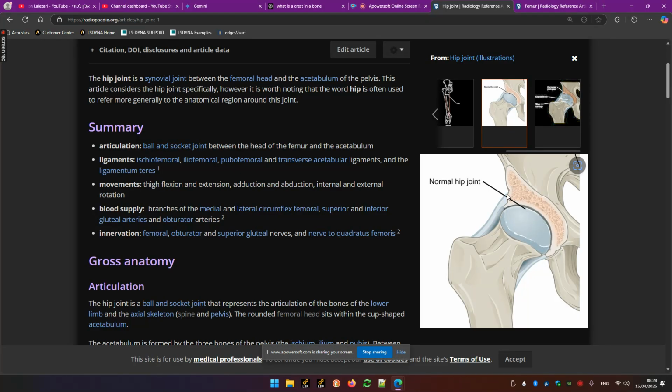Now, it's important to see that most of the femoral head and most of the femoral neck are in the capsule, namely they are intracapsular areas. And this area, which is the area of the base of the neck, also called basicervical region of the neck of the femur, is extracapsular.